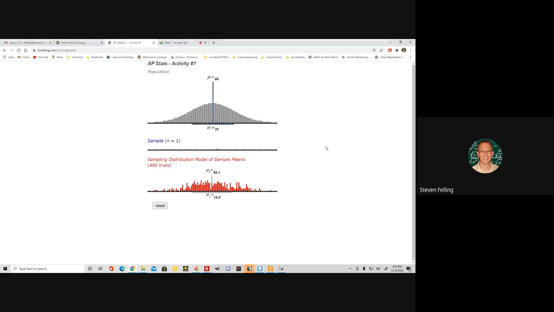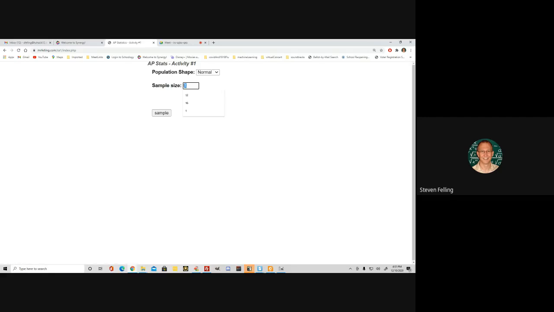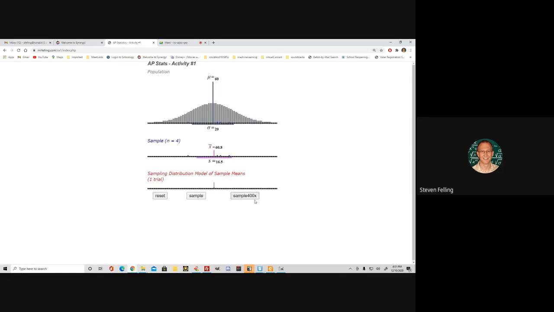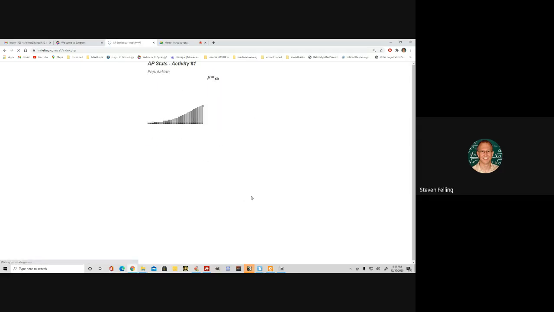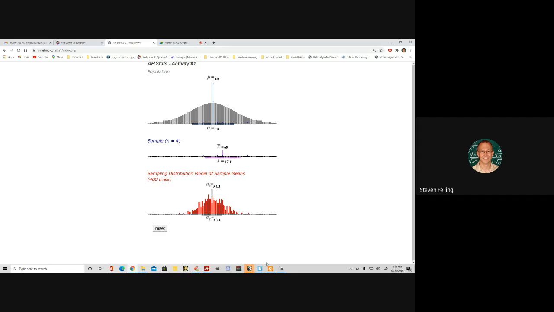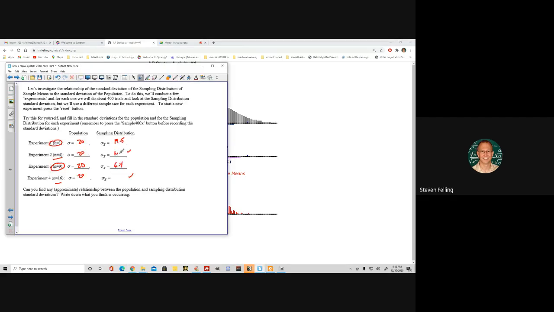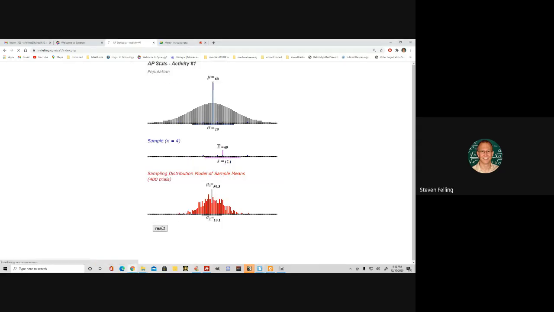I'm going to do this as well. I'll run this with 4 as the sample size, and then I'll take a sample 400 times here. I got 10.1. So when I ran 4, I got 10.1. And then let's try 16.